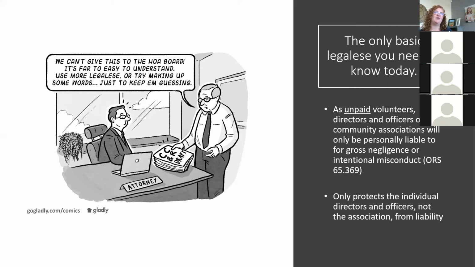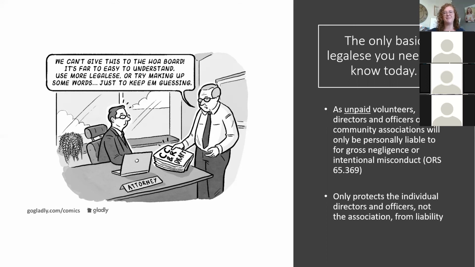And so, if the only basic legalese that you take away is one thing, it's important to understand that you are an unpaid volunteer. And the nonprofit chapter in Oregon says if you are an unpaid volunteer, then the only personal liability that you have is gross negligence or intentional misconduct.